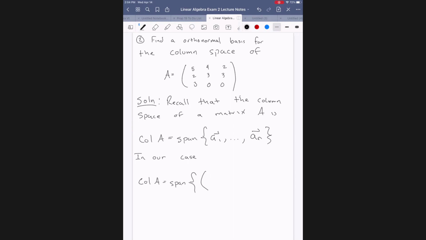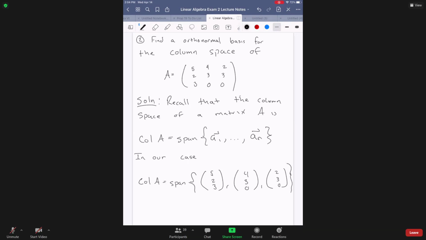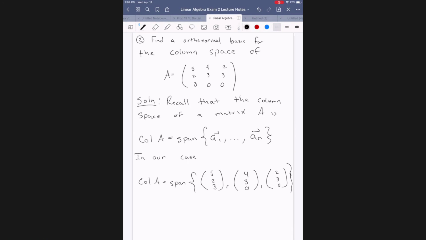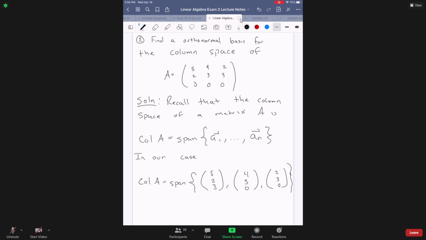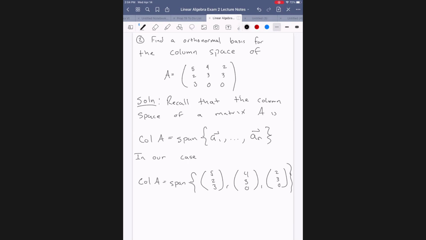Well, the columns, right? (5, 2, 3), (4, 3, 0), (2, 3, 0), right? Okay. So again, this is what the column space would be. Now, the question says to find an orthonormal basis for the column space of A, right? So what are some approaches that you can take in order to find it?